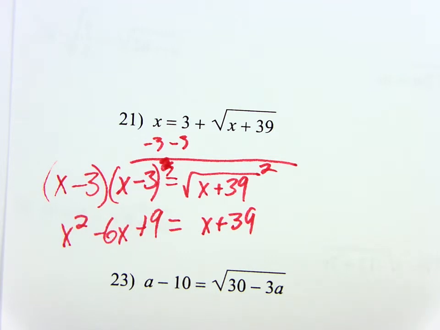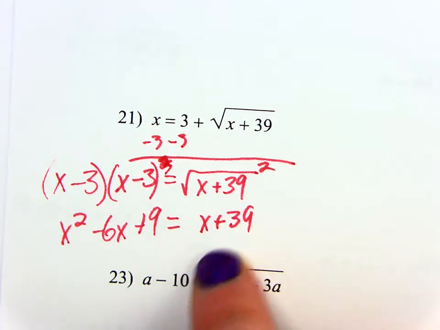Now I'm like, okay, I still have a quadratic. I know how to go from here, I hope. What'd you do next? You have to get it set equal to 0. Yes, how? Minus 9. Why don't you minus the x squared?